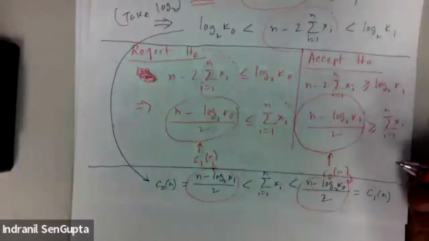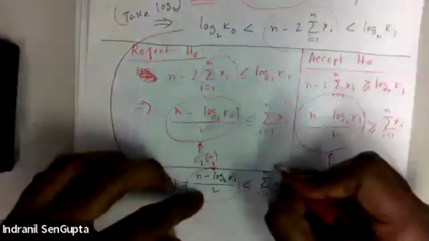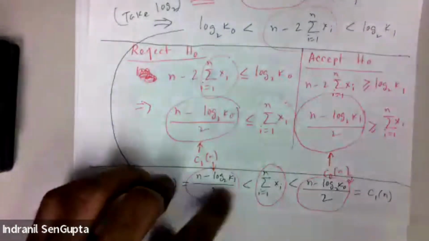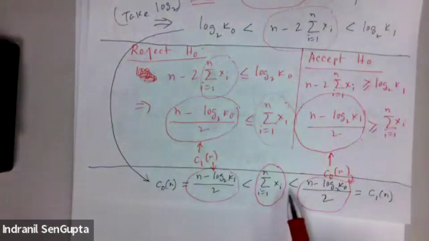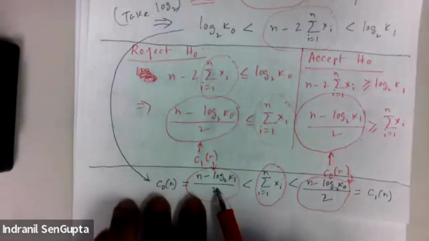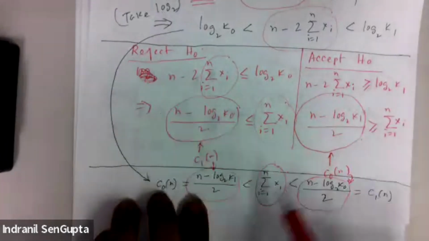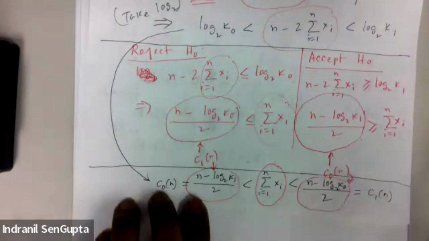But here, we are not really computing a simple likelihood function. It's basically a statistic based on the likelihood function. So if it's passing this lower one, then we are rejecting the null hypothesis. And on the other hand, here we are accepting the null hypothesis.